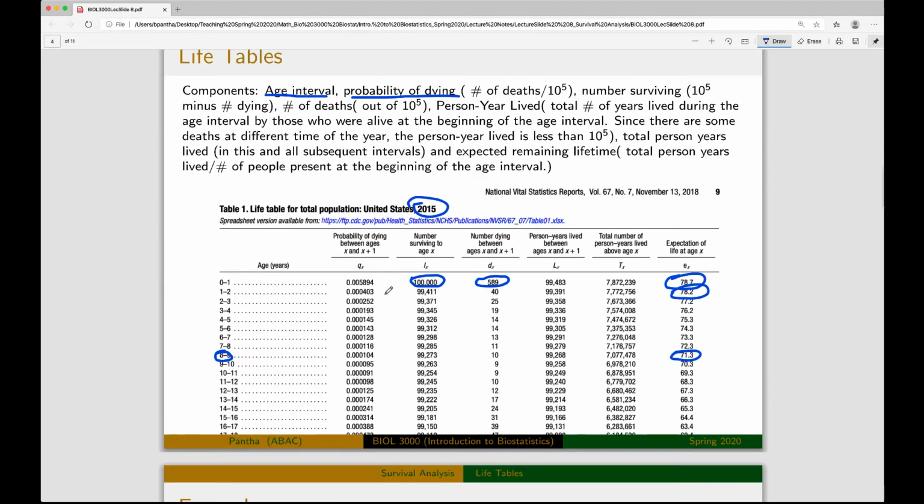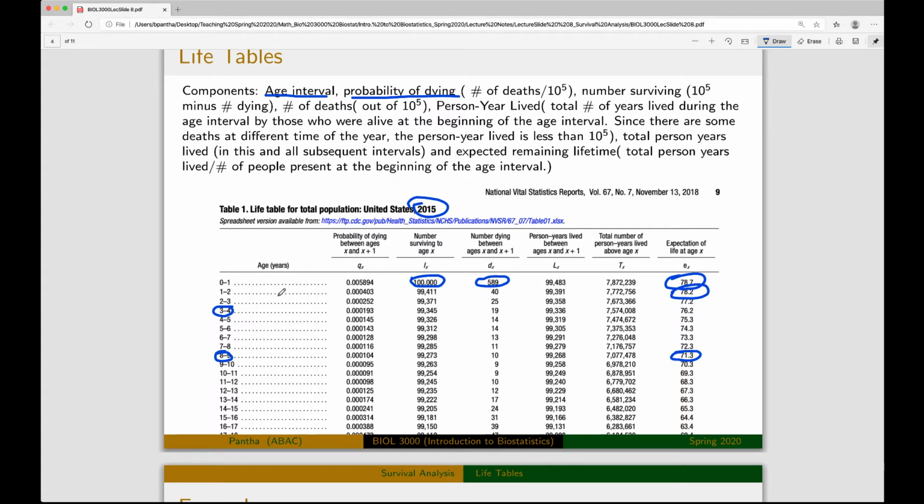For example, the survival probability of a person that was age 3, or a person who was born in 2015. The survival probability is 1 minus that number, because this is the probability of dying.